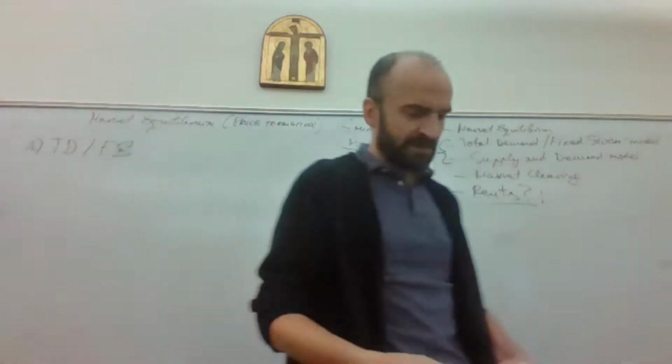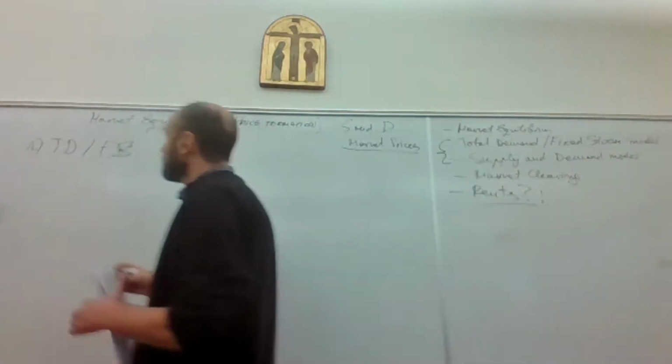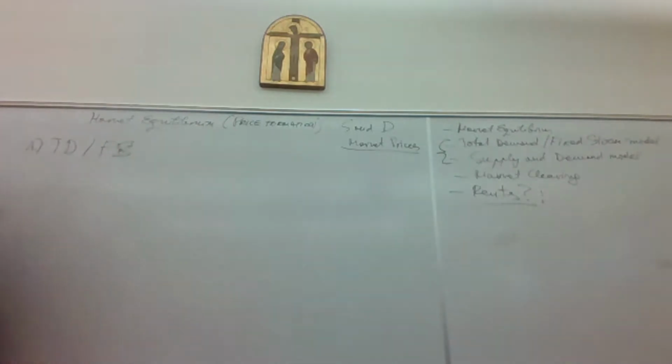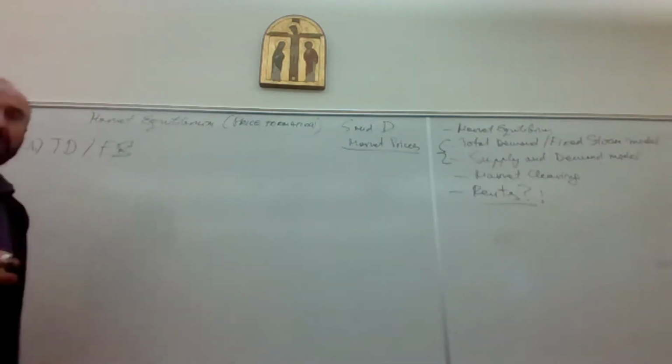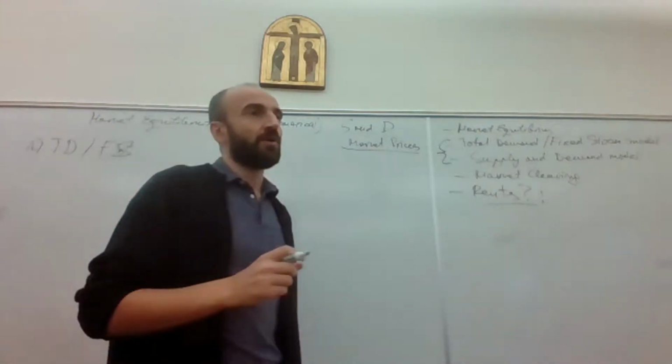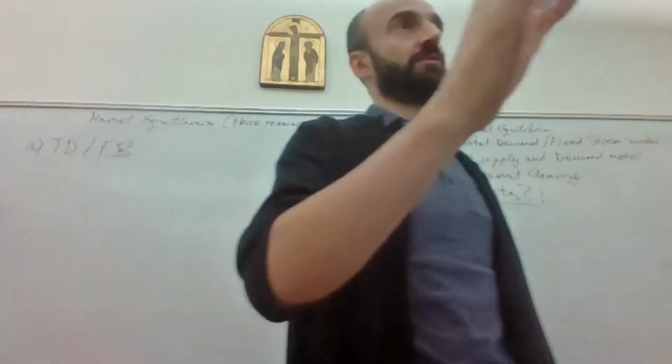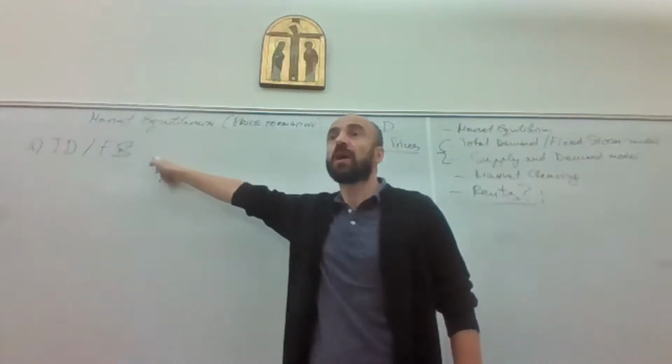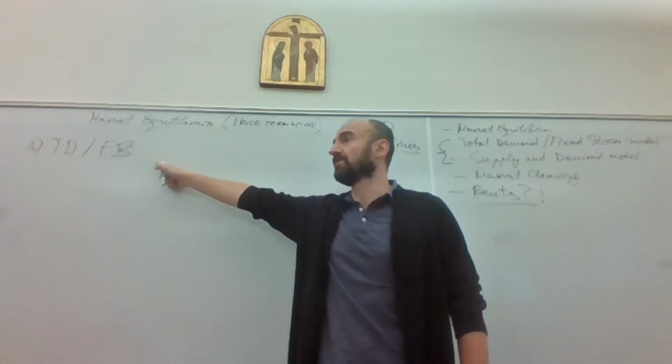Okay, so what does that mean? That means this is a type of model that is developed to explain the situations in which the quantity of a good that is being traded, that is being exchanged, is fixed, given in advance. So fixed stock means that the supply of goods is given in advance.